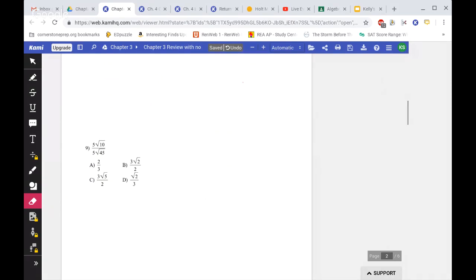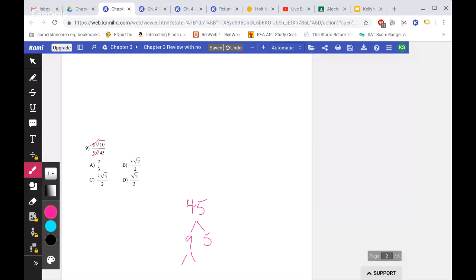Okay. Now, on number 9, you can automatically cancel out the 5 and the 5. They just go away because that's being multiplied, so they can cancel each other out. But on the 45 on the bottom, you would factor it, and you have 9 and 5. And so you can take a perfect square of 3 out because there's a pair of 3s.